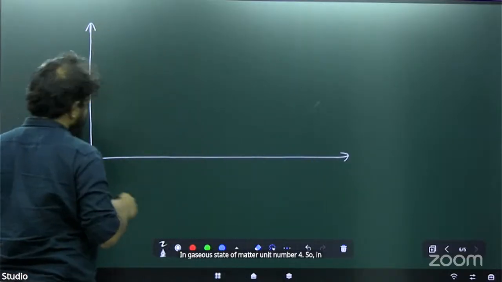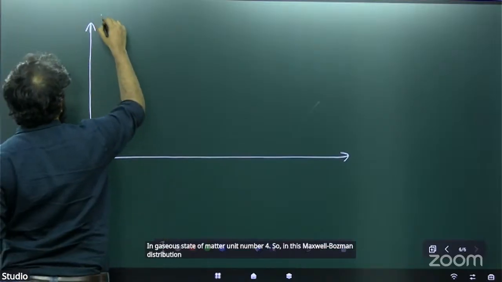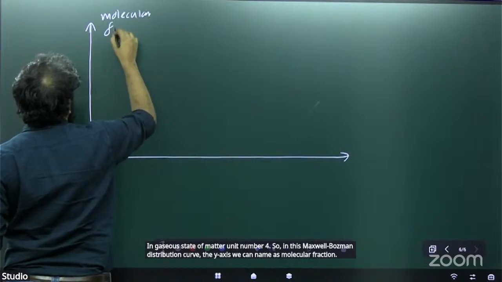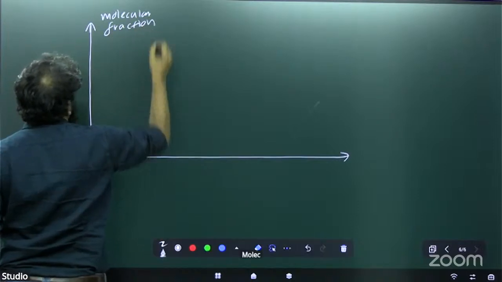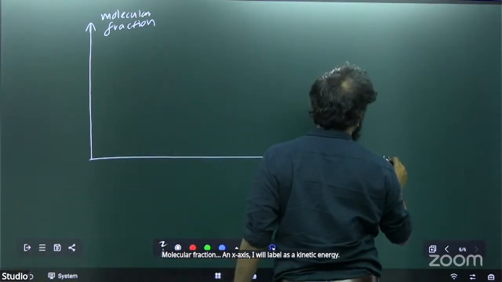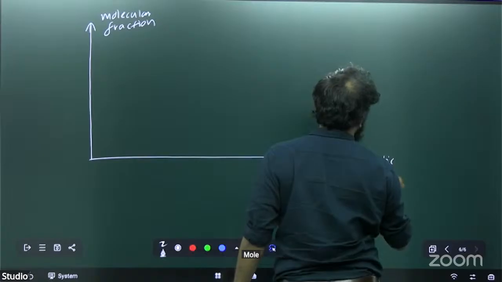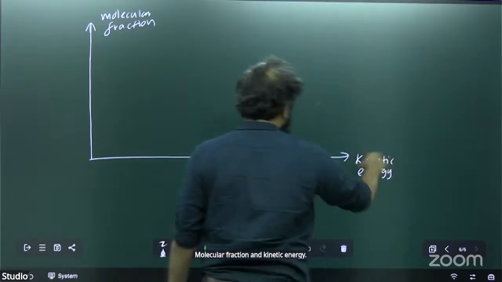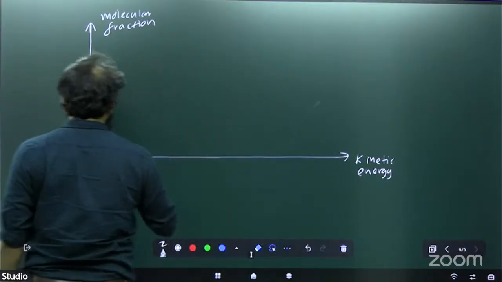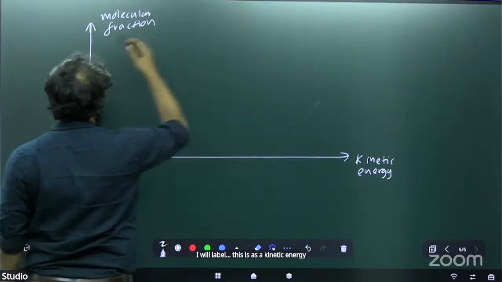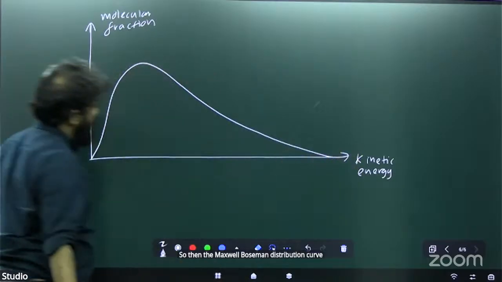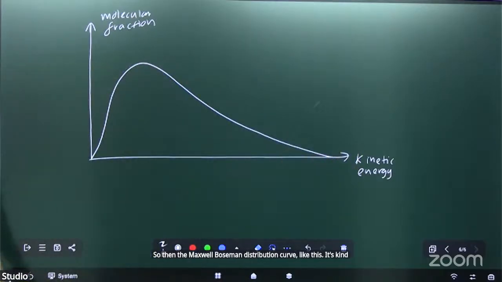In this Maxwell-Boltzmann distribution curve, the y-axis we can name as molecular fraction, and the x-axis I will label as kinetic energy. Sometimes we can label this as speed as well. So the Maxwell-Boltzmann distribution curve looks like this kind of graph, right?